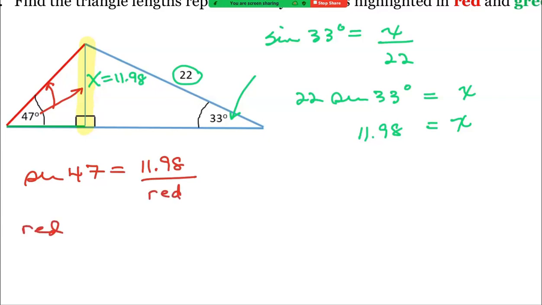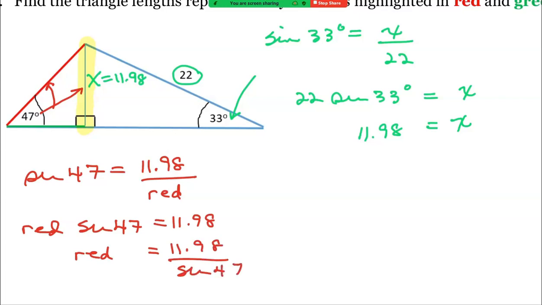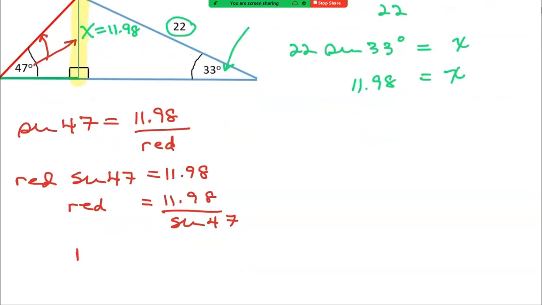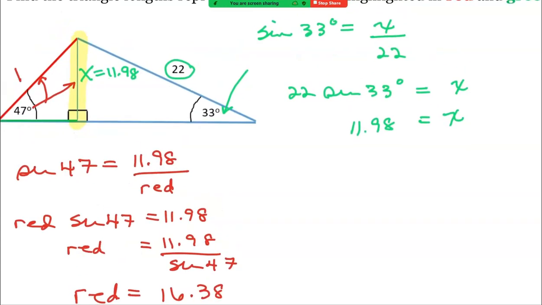Okay, so red times the sine of 47 equals 11.98, and red therefore is going to equal 11.98 over sine of 47. And I get red to be equal to 16.38. So this is now 16.38.